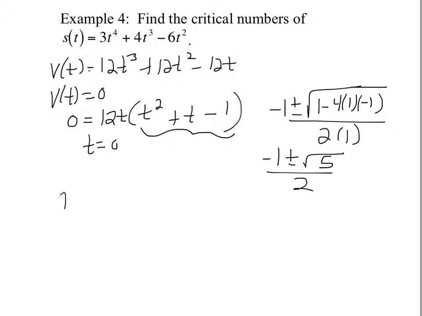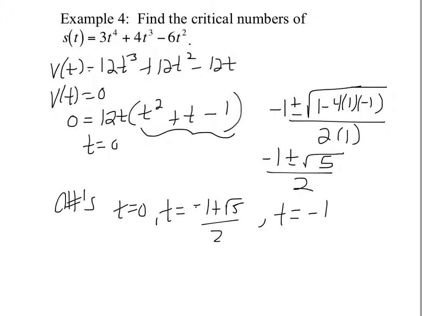So it looks like my critical numbers are going to be when t equals 0, when t equals -1 plus square root of 5 over 2, and when t equals -1 minus square root of 5 over 2. So those are my 3 critical numbers. And again, I don't need to worry about when the derivative is not defined because the derivative is a polynomial function. So we know that the derivative is defined. Its domain is all reals.